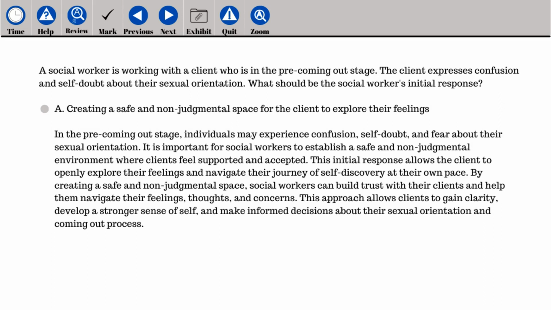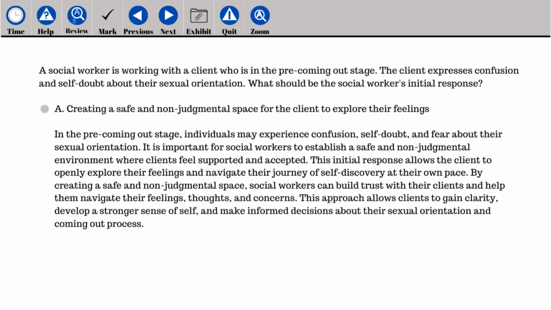A. Creating a safe and non-judgmental space for the client to explore their feelings. In the pre-coming out stage, individuals may experience confusion, self-doubt, and fear about their sexual orientation. It is important for social workers to establish a safe and non-judgmental environment where clients feel supported and accepted.